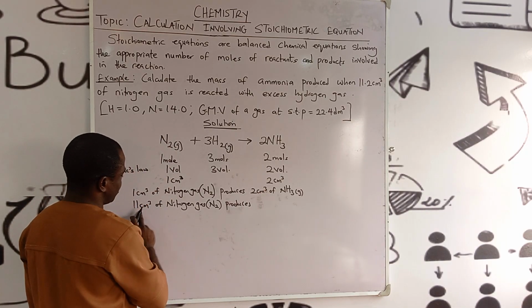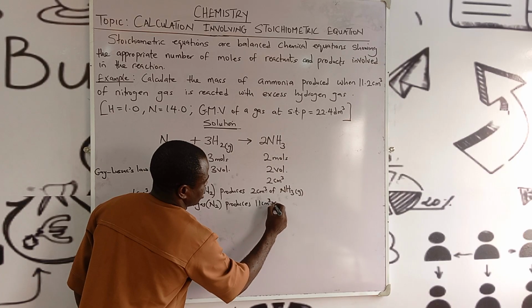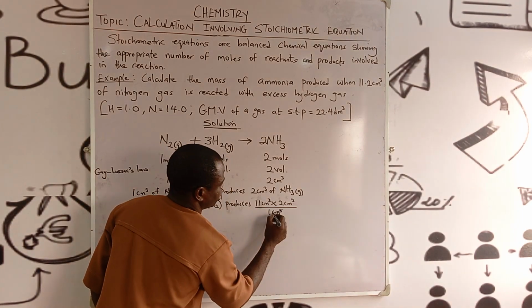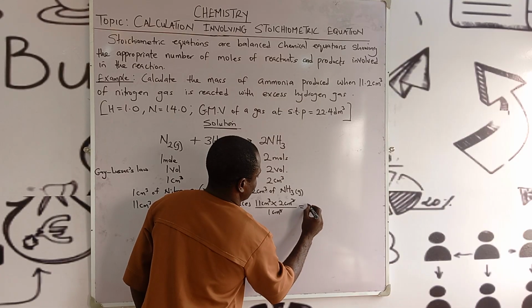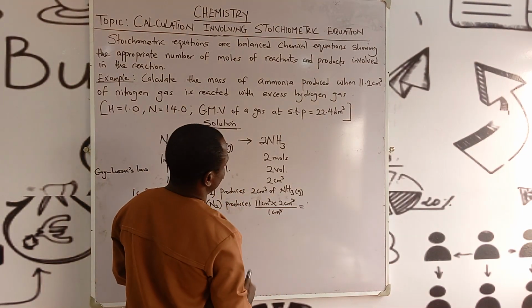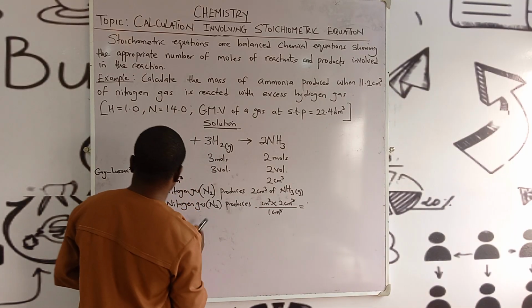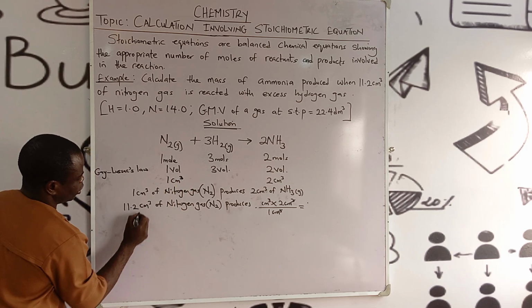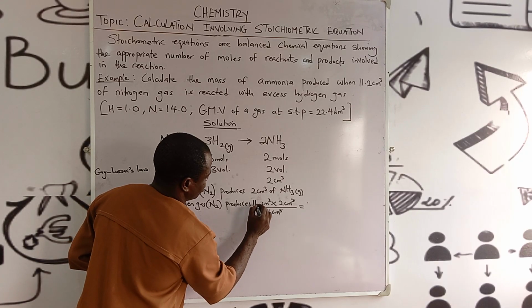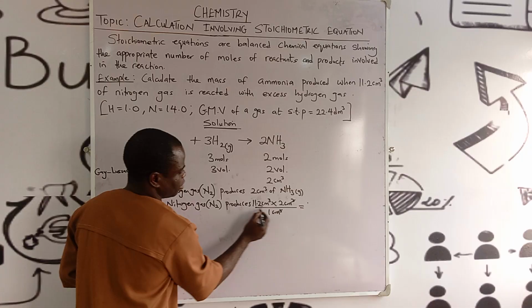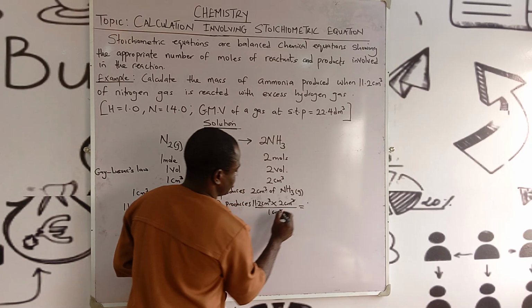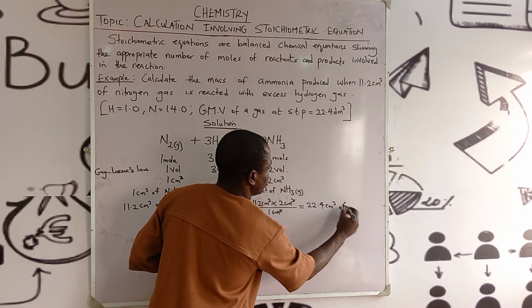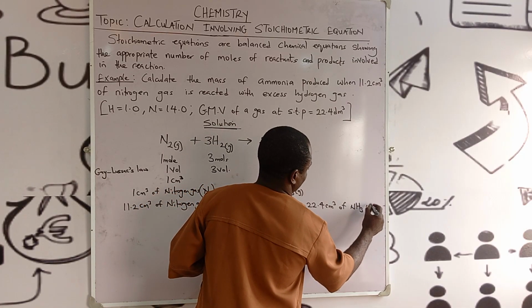We cross and multiply. 11.2 cm³ times 2 cm³ divided by 1 cm³. Cm³ cancels cm³. Now I have 22.4 cm³ of ammonia gas.